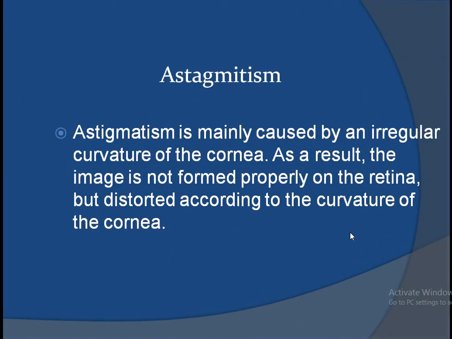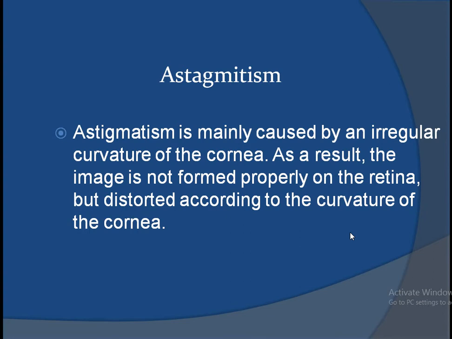Astigmatism is another abnormality in which there is irregular curvature of the cornea. As a result, the image is not formed properly on the retina but is distorted according to the curvature of the cornea.